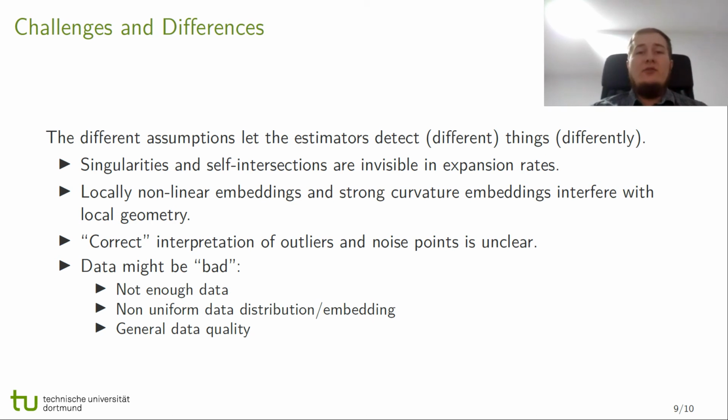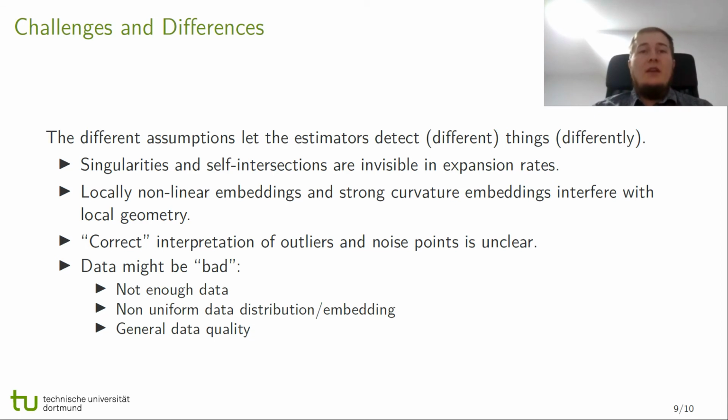Approaches based on expansion rates are inherently hindered at detecting singularities or self-intersections, as these, in the simplest case, double the number of neighbors in a certain radius. This scalar factor does not impact the exponent of the expansion rate. Our angle-based estimators, however, cannot differentiate between self-intersections and additional dimensions, which leads to increased estimates.